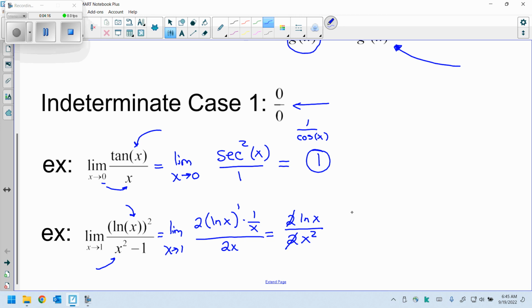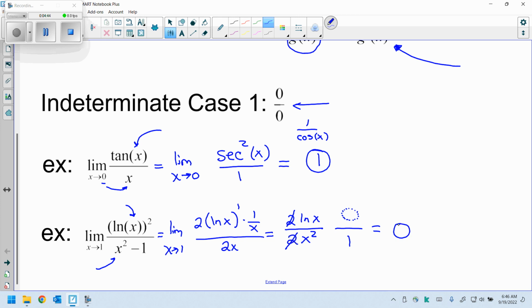The 2's are going to cancel out. And the natural log of 1 is really close to 0. And if we were to put a 1 on the bottom, I think for that one, we're actually going to get 0.